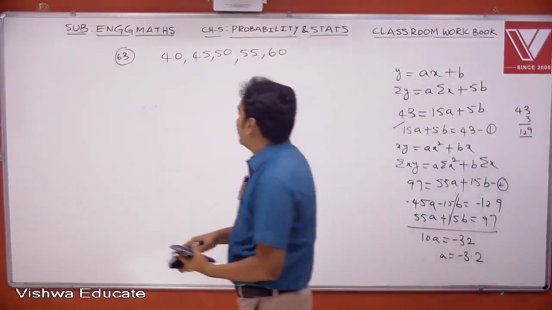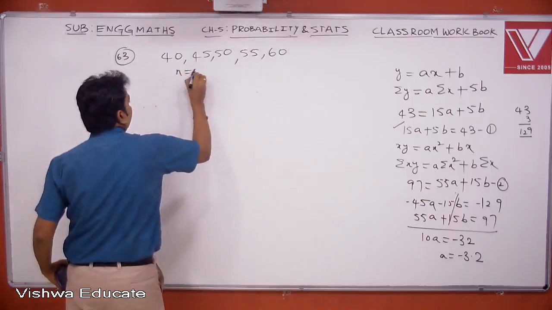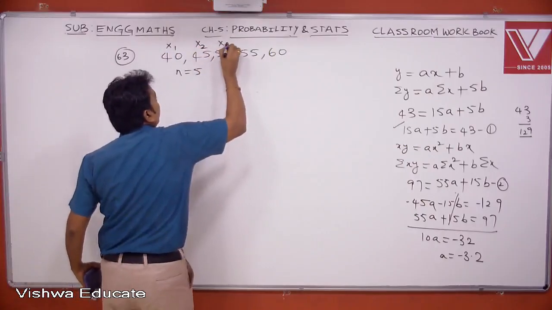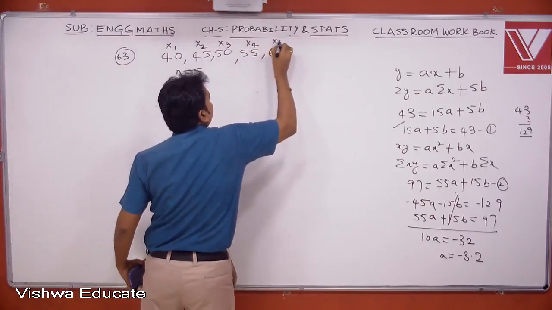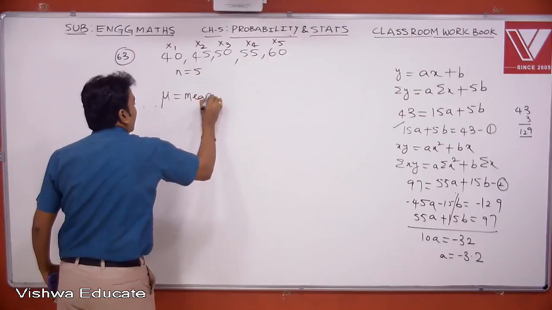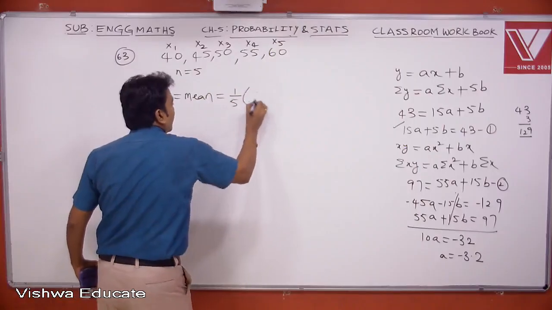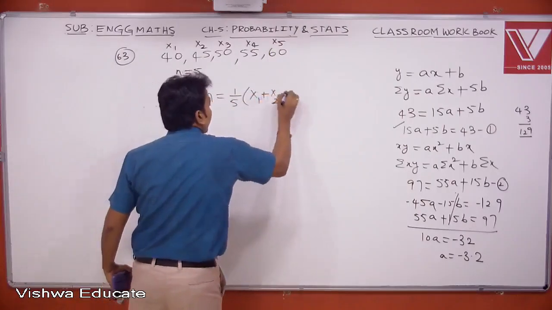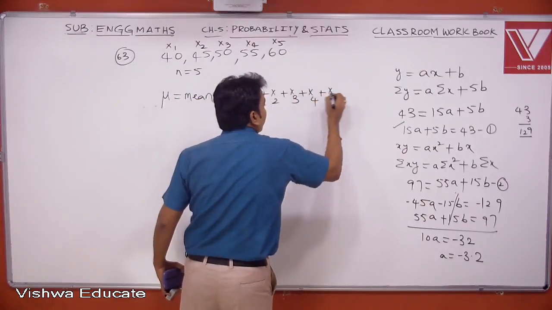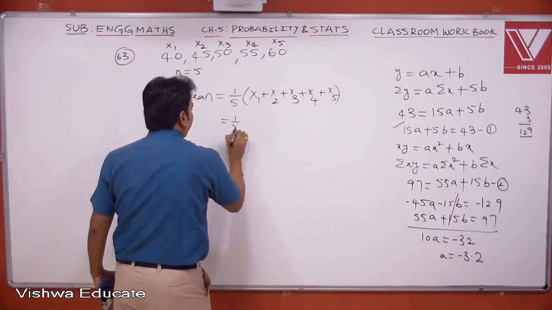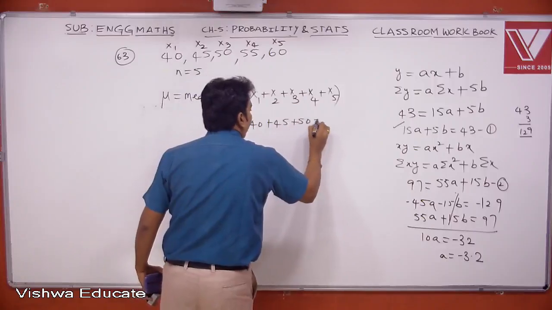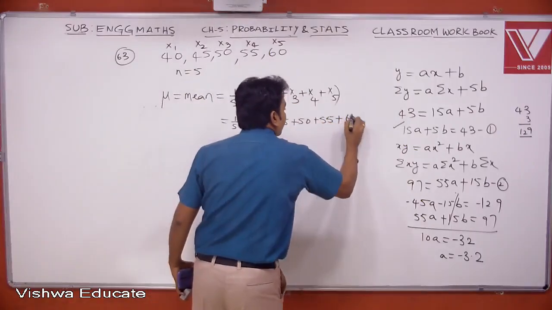Now let us see. Here we have 5 values in the data. Assume the first one is x1, then x2, x3, x4, x5. At first let us find the mu value. Mu is nothing but the mean value. This is 1 by 5 into x1 plus x2 plus x3 plus x4 plus x5, which is 1 by 5 into 40 plus 45 plus 50 plus 55 plus 60.